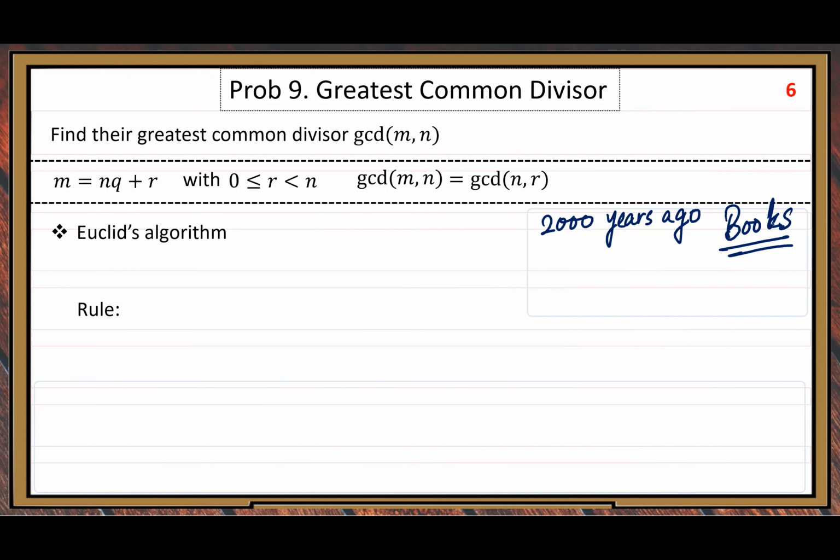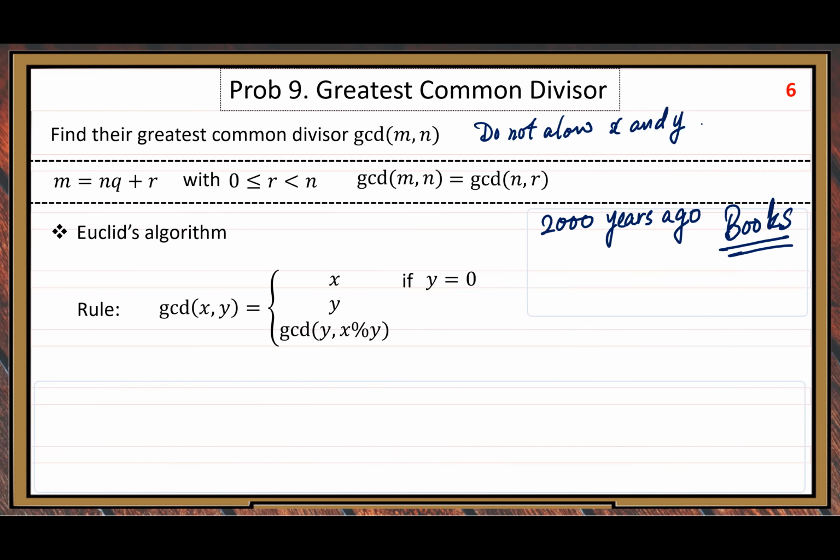All right. So the rule is as simple as this one. When you calculate the GCD, if y equals 0, because we do not allow x and y both 0.